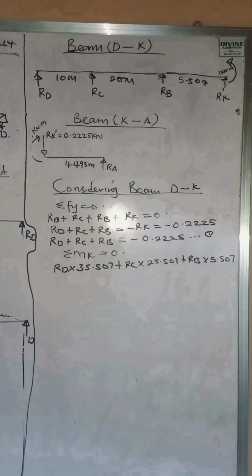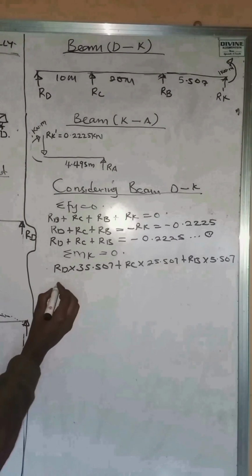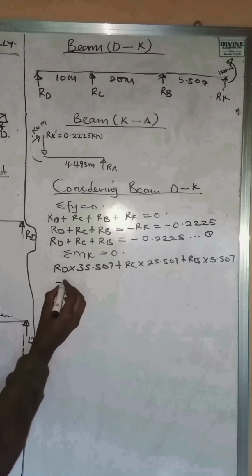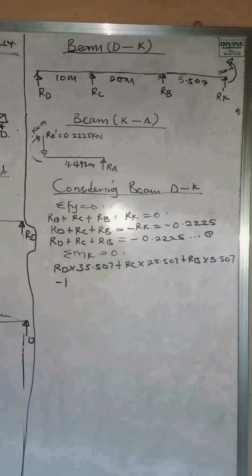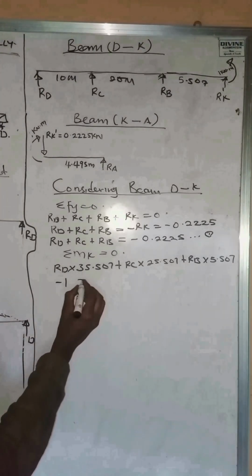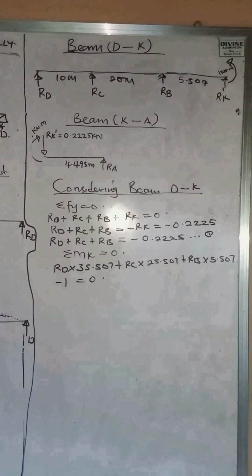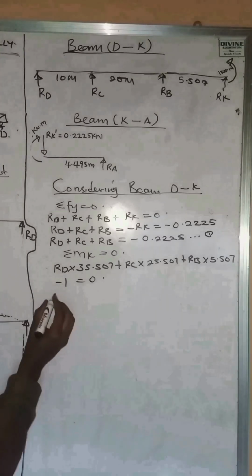We have a moment of minus 1, so we have minus 1, all equal to 0. So we're going to obtain the second equation.